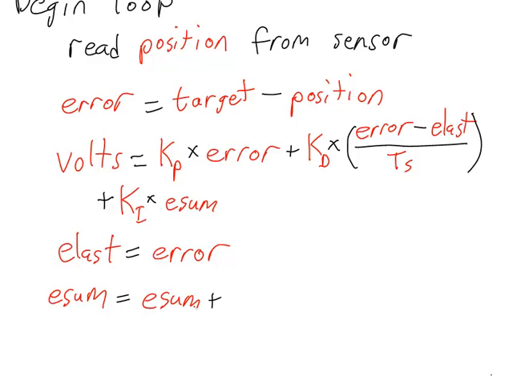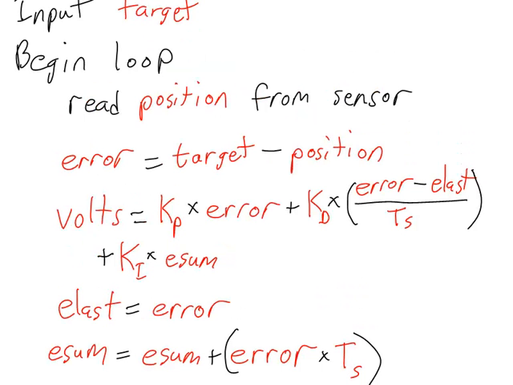And the way that's calculated is by taking the last value of eSum plus the current value of error times TS. Now, we still have to figure out what TS is. TS means the amount of time that it takes to run this loop, our control loop.